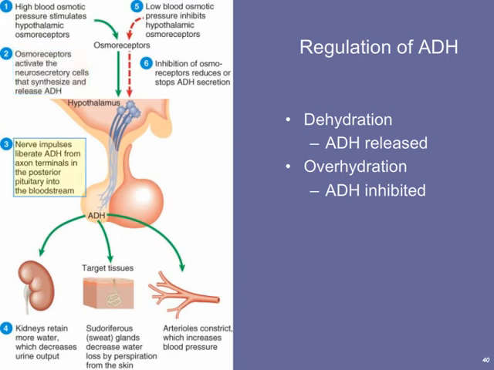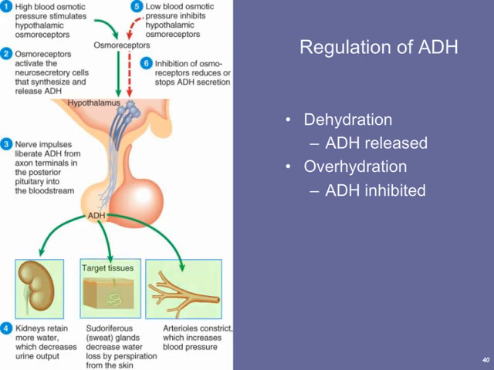Nerve impulses travel down these neurosecretory cells to the posterior pituitary, and in response, the posterior pituitary secretes ADH. ADH travels through the bloodstream to its target tissues, including the kidneys, sweat glands, and arterioles. This causes the kidneys to retain water, the sweat glands to stop sweating, and the arterioles to constrict, thereby raising blood pressure.